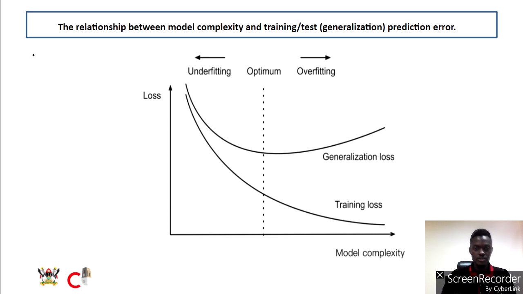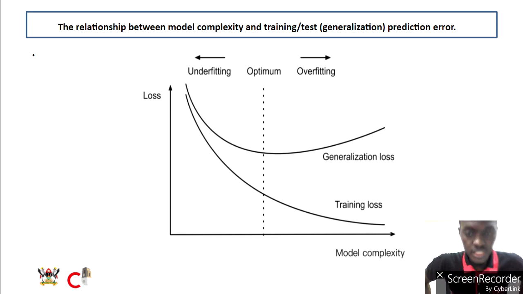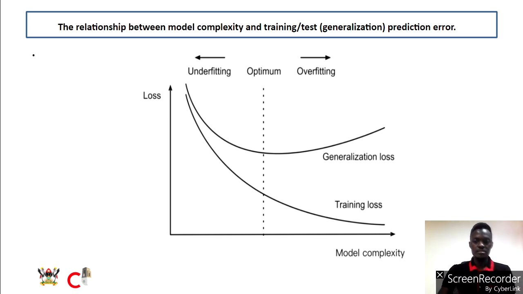Now, the relationship between model complexity and training and test prediction error. If you see this graph, there is the loss on the vertical axis, and the horizontal axis has model complexity.